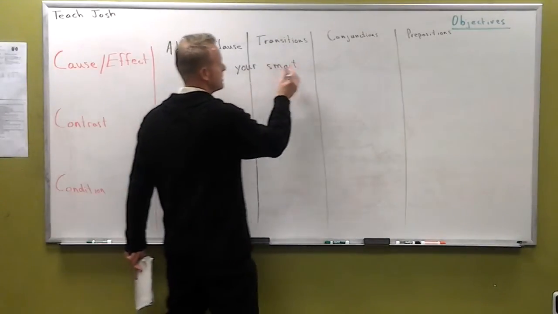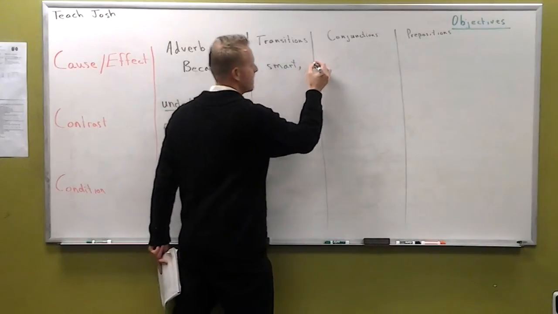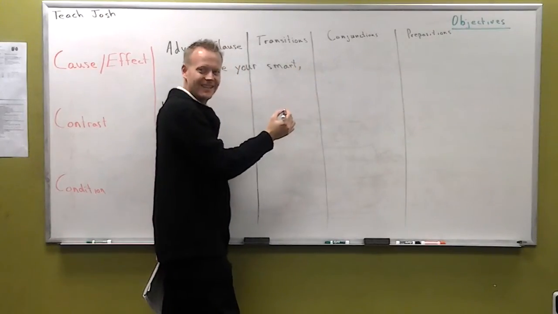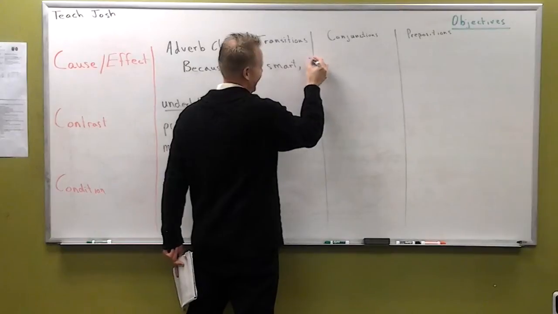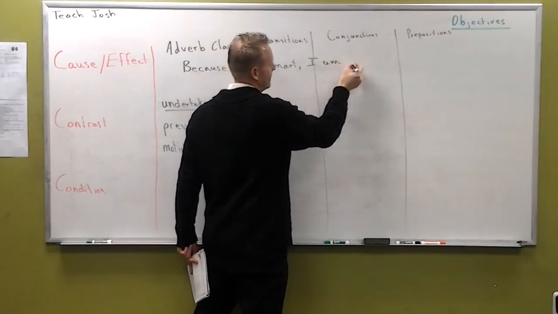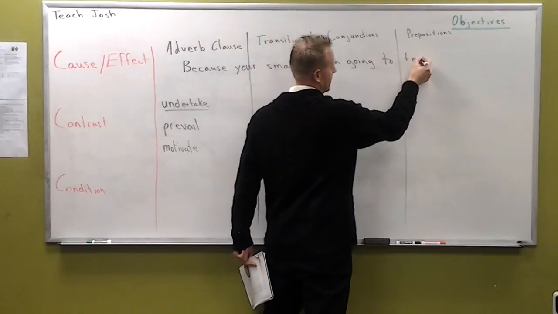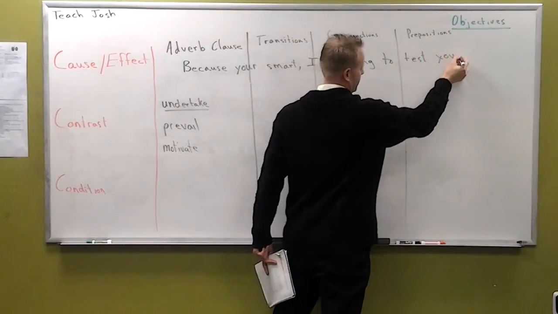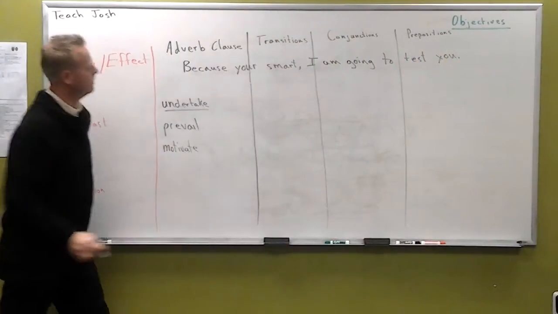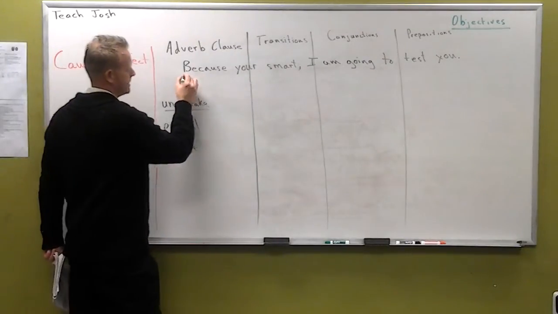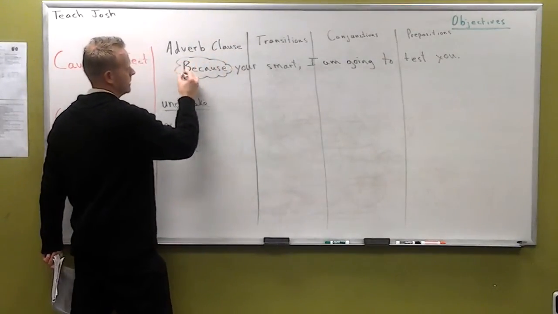Okay, because you're smart, what did you say? I'm going to test you? Is that what you said? Yeah. Okay. I am going to test you. I like that. So here's your because, your adverb signal word.